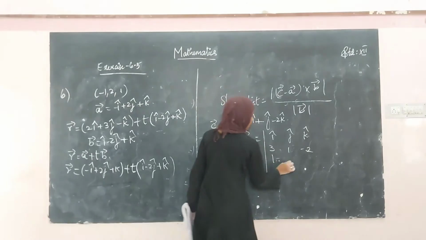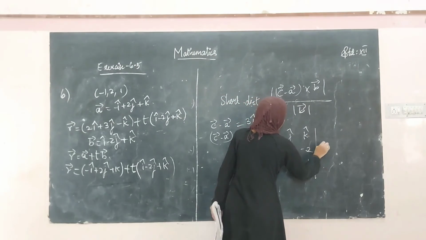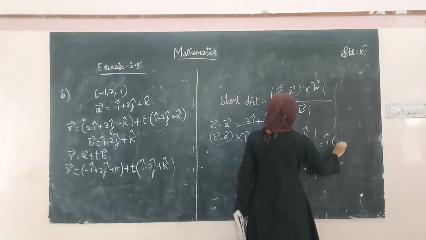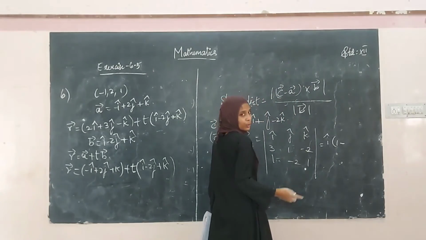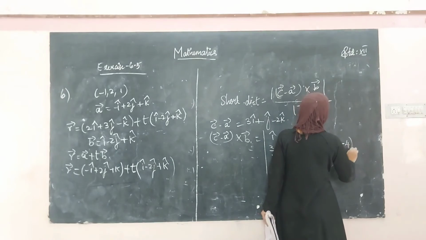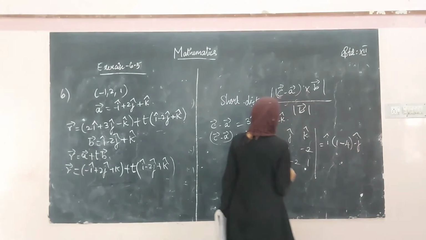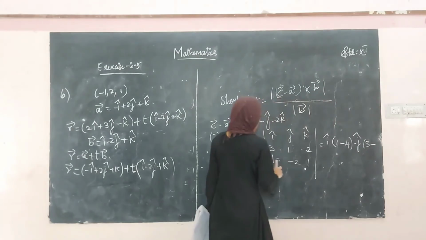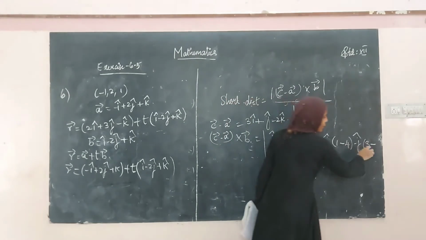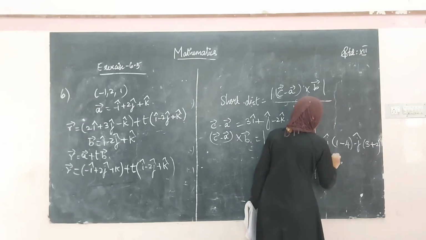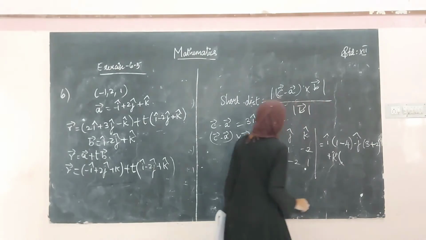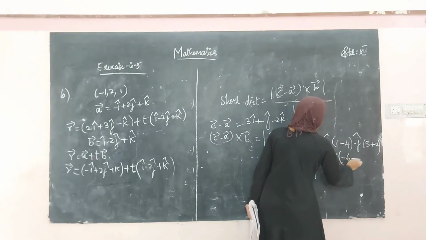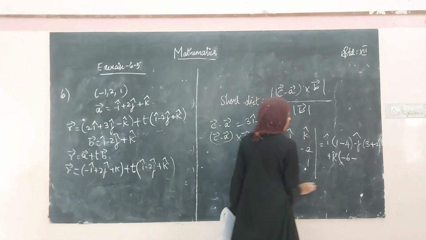So it equals i vector into 1 into 1 is 1, minus of minus 2 into minus 2 is plus 4, so 1 minus 4; minus j into 3 into 1 is 3, minus of 1 into minus 2 is minus 2, so minus of minus 2 becomes plus 2; plus k vector into 3 into minus 2 is minus 6, minus 1 into 1 is 1.